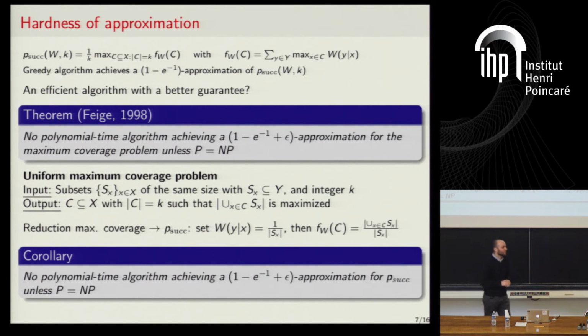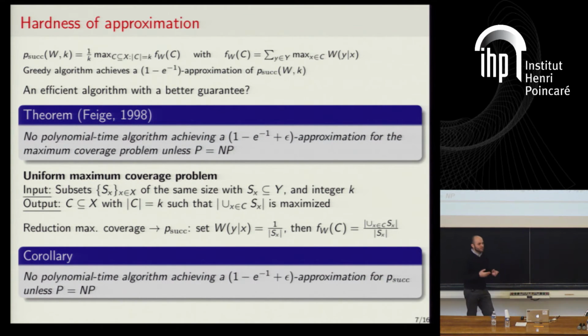Okay, so natural problem. And there is a very simple reduction from the maximum coverage problem to the noisy channel coding problem, where you just say that my noisy channel is defined as follows. So for an input x, I choose uniformly at random one of the elements of the subset. Okay? And so I wrote 1 over size of S_x.